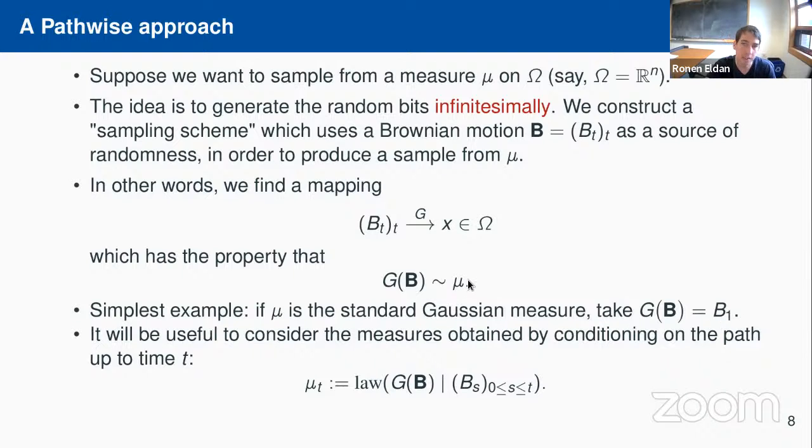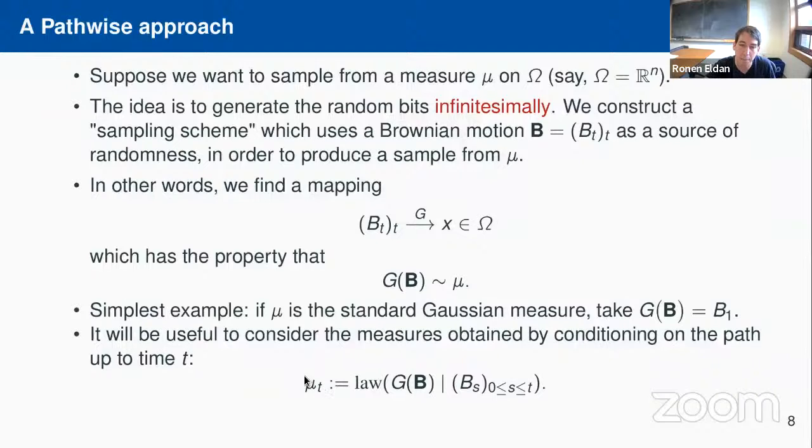So this is kind of abstract, but the reason this will be useful is that now we have introduced the time axis. And once we did this, we can actually condition on everything that happened up to some time t, and we can differentiate things. So it's going to be useful to consider the measures obtained by conditioning the measure of G of B, which is a measure on Omega, on all the information that we have up to some time t.